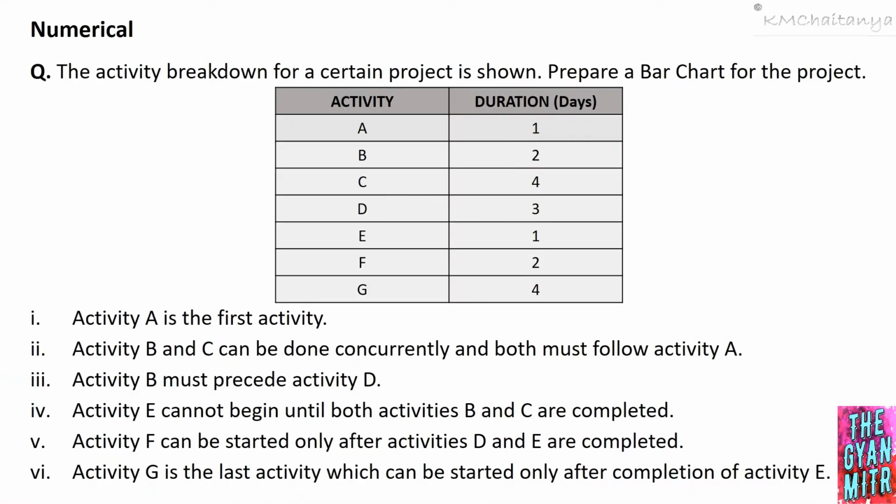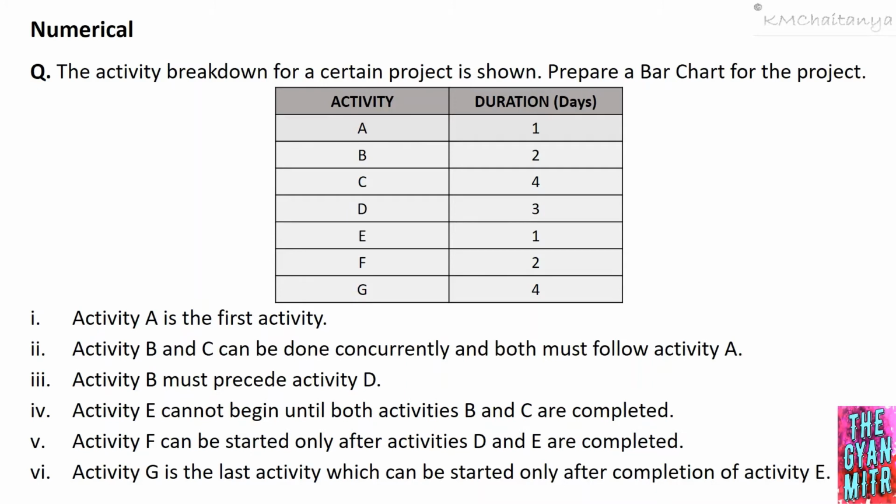Now let's look into an example on how to draw a Gantt chart for the given activity, the duration of the activity and the relation between these activities. So the question is as follows.